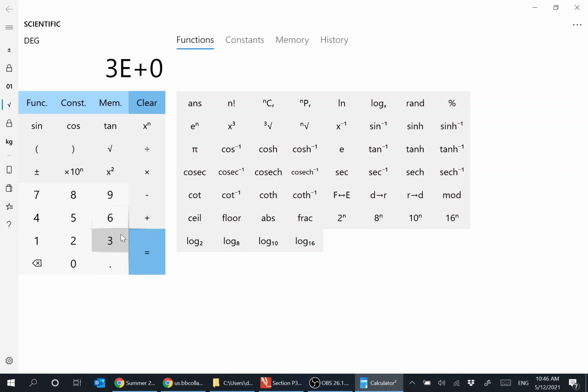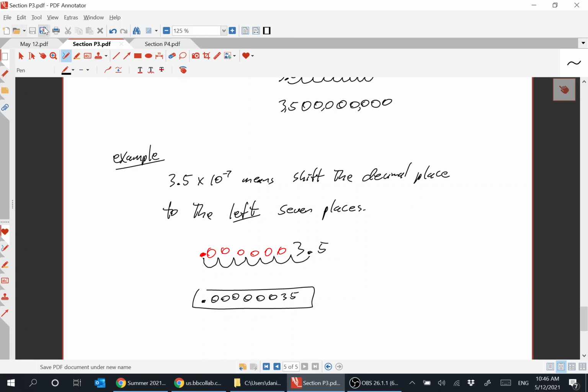So here we're talking about 10 to the minus 3. So that's 0.003. Okay. So no problems on that. Just something to keep in mind when you're working with numbers.